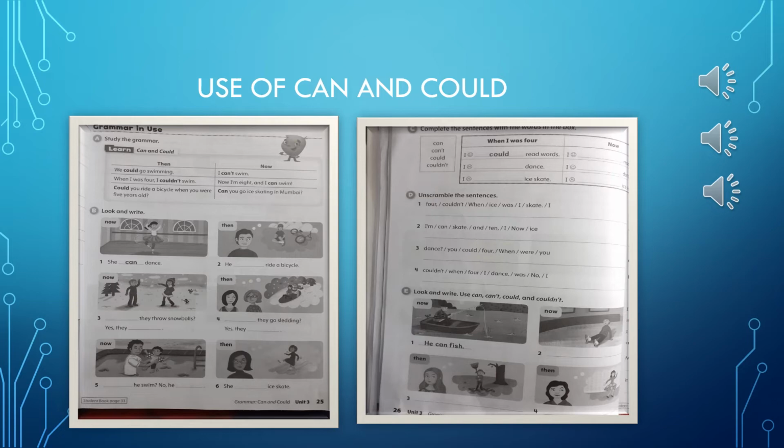When you were 4, comma, could you dance? And what would come in the end? Full stop or question mark? Yes, question mark will come because the sentence is in question form. When you were 4, comma, could you dance?